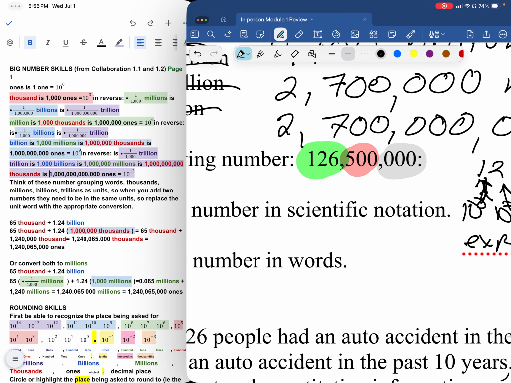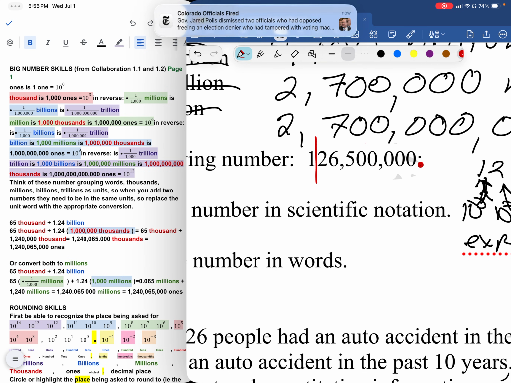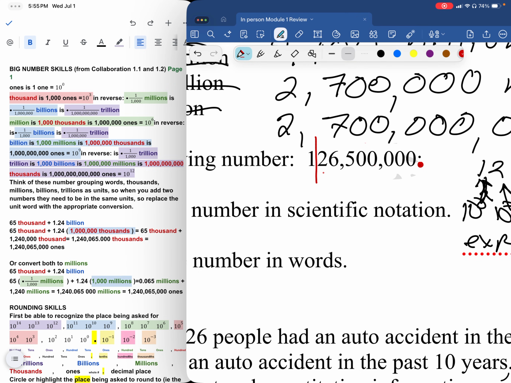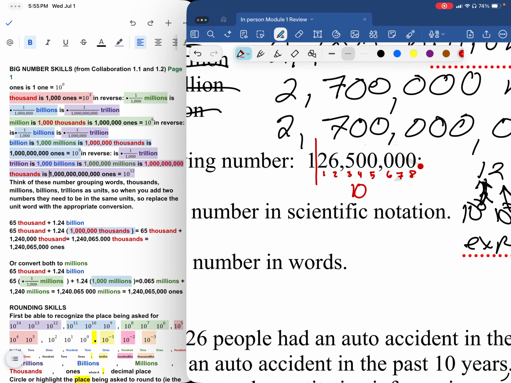All right. So now let's go with the rule. So first thing I'm going to do is put my bar between the first and second number, and put the decimal point there. And then I'm going to count 1, 2, 3, 4, 5, 6, 7, 8. I was right. So it'll be 10 to the 8th.